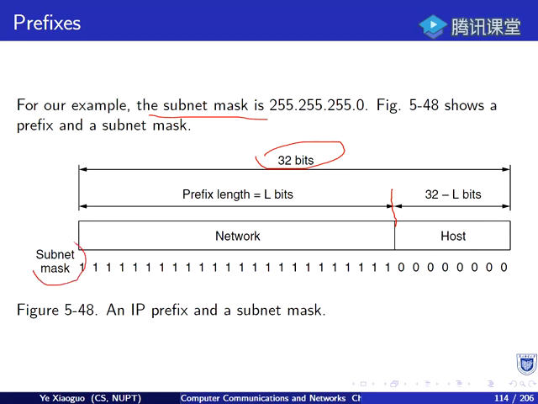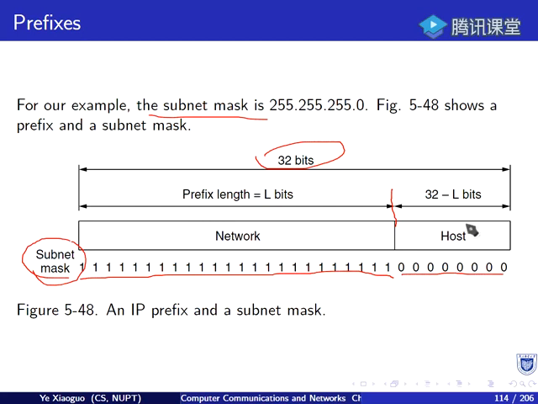The network mask has all 1 bits in the network portion, but all 0 for the host portion.